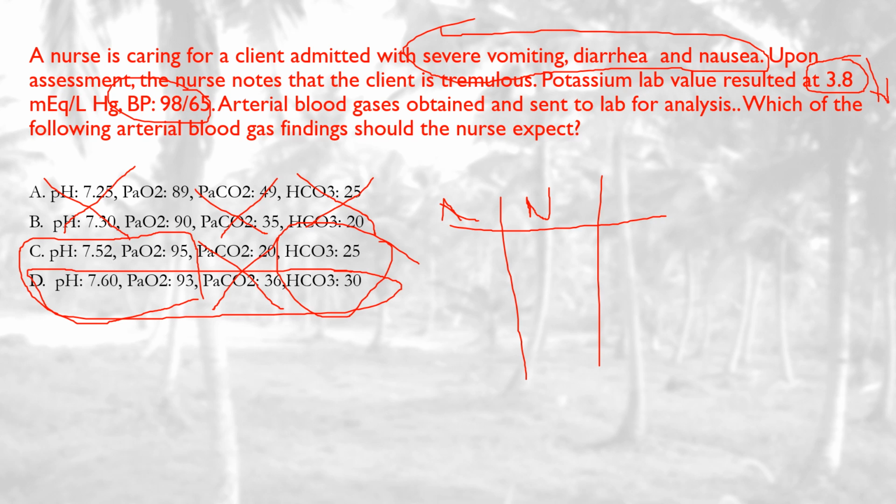Whichever one aligns with the pH is what your acid-base imbalance is going to be. This is how you actually do it. The pH is alkalotic, so it's going to be base, right? And we're looking at the D answer. And then we have our HCO3, which is a base.